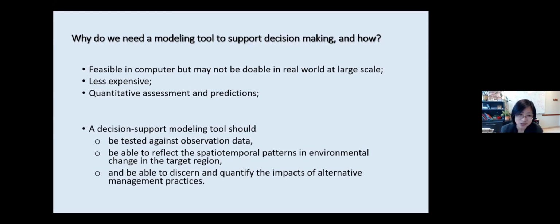Second, the tool should be able to reflect the spatial and temporal patterns in environmental change in the target region. In other words, if the resolution is too coarse, a lot of the spatial heterogeneity in your region will be averaged or smoothed. And third, this tool should be able to discern and quantify the impacts of alternative management practices.